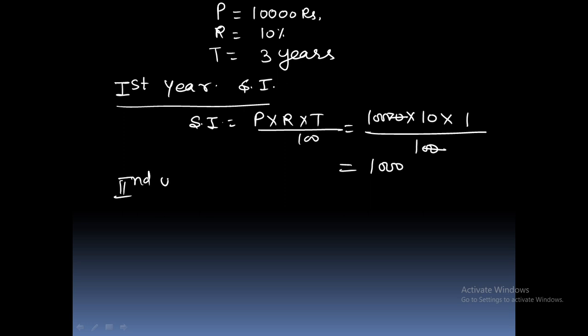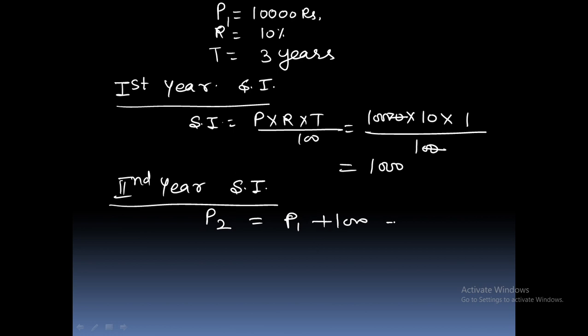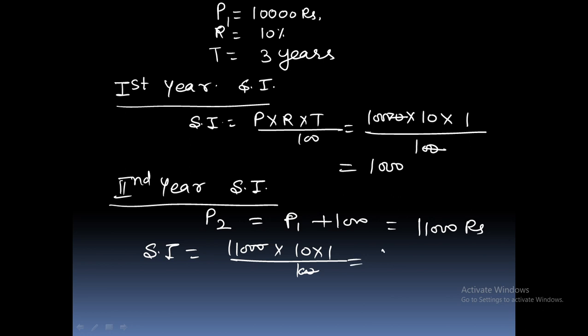For second year, simple interest: P2 is equal to P1, we represent this P1 plus 1,000, that is 11,000, and simple interest will be 11,000 multiply 10 multiply 1 over 100, that is 1100 rupees.